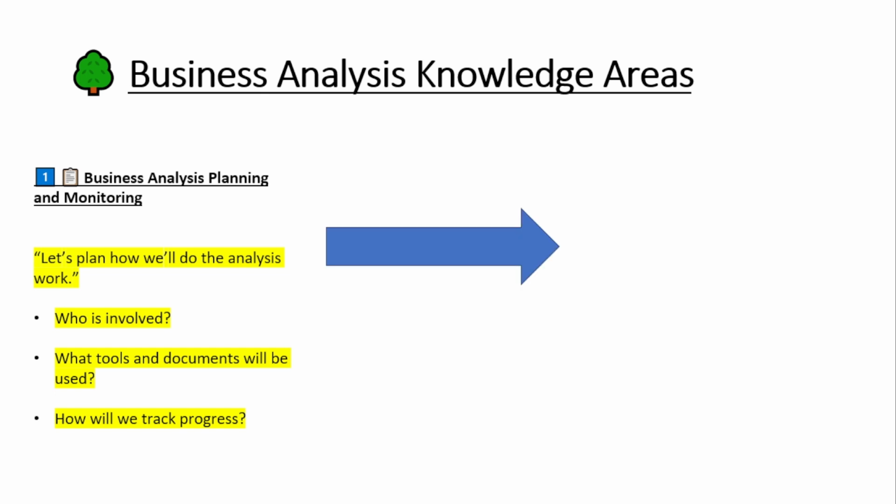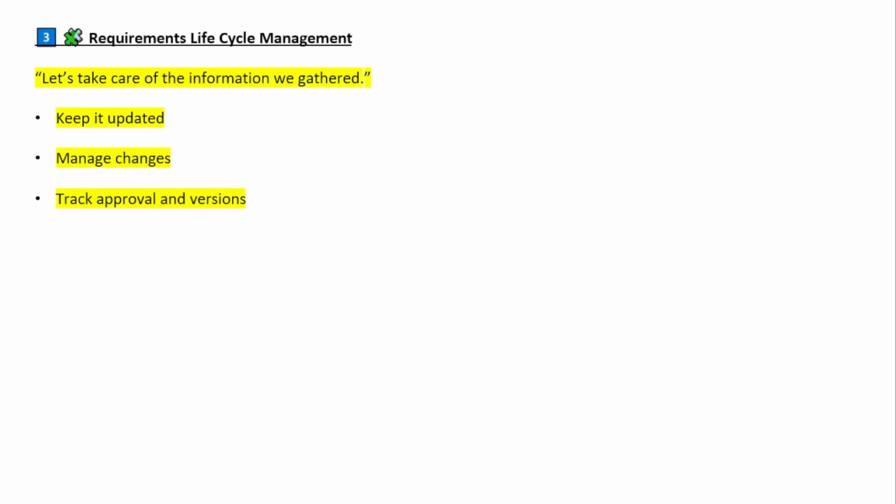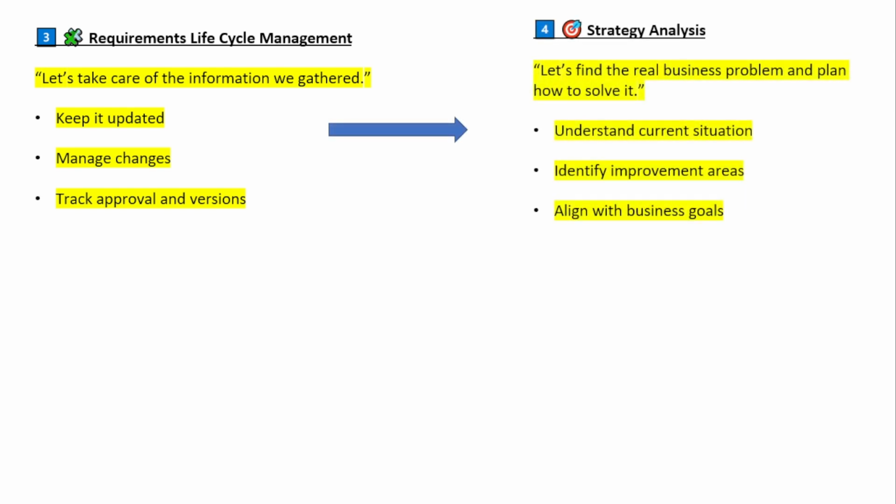Then with this, we go to elicitation and collaboration. This is about communicating and gathering the information, because all of them are interrelated. Then the third one, requirement life cycle management. This is about maintaining and managing the requirements. We have already gone through it. Then the fourth one, strategy analysis.